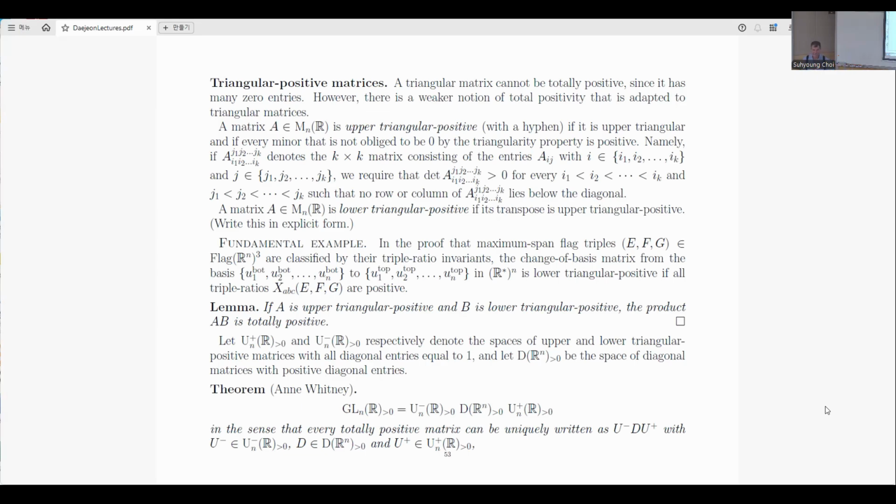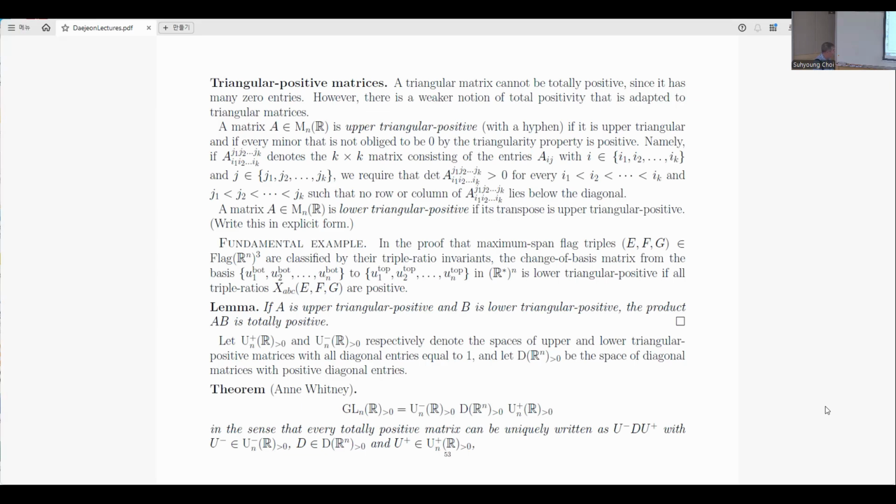You just need to know how to multiply matrices to see that. So here again, the product will be totally positive. That's going to play a role later on in what we do, because in particular, it has this nice property of eigenvalues.